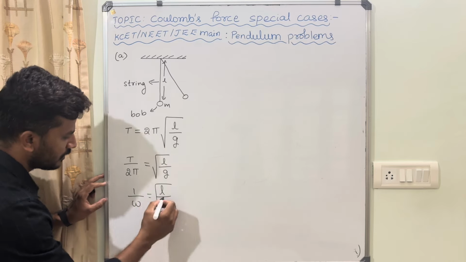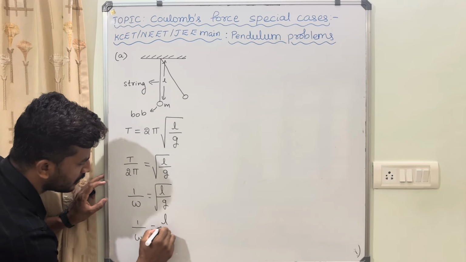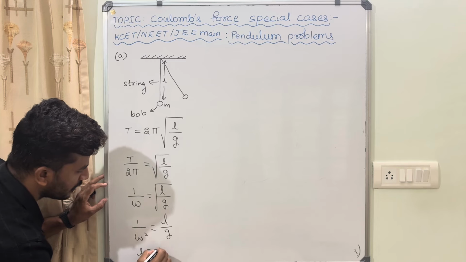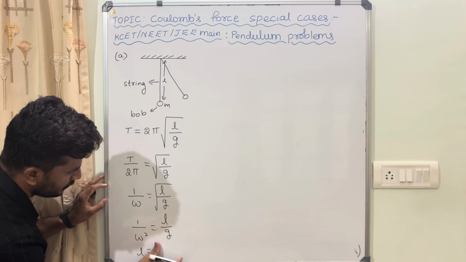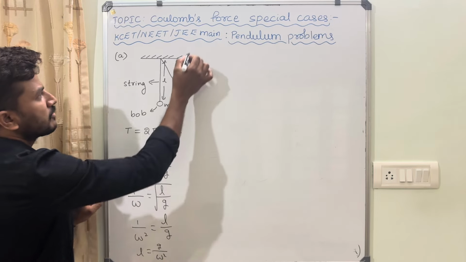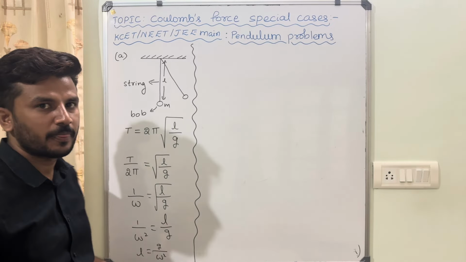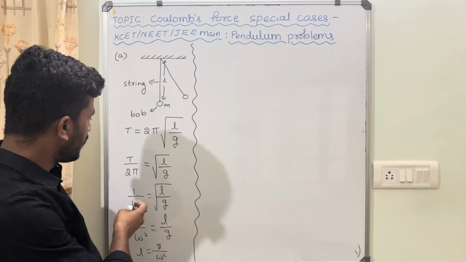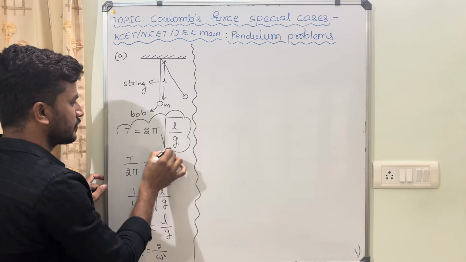Take the square on both sides, you will get omega square is equal to g by L, or L is equal to g divided by omega square. Like this you have studied in first PUC. Yes or no? And you can calculate the frequency, angular frequency omega, time period, all those things. Here, let us focus on the time period.